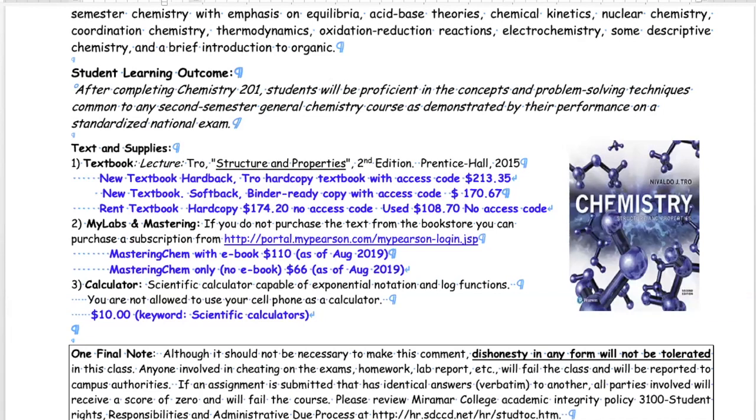So going back to materials, again, MyLab and Mastering, you can access that through Canvas. On the left menu, you click on that, follow the trail, and you can register. If you've already purchased MyLab and Mastering, then don't purchase another code. It's good for a year.